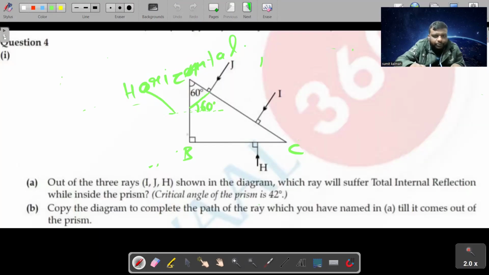If you see the base BC, this base BC is horizontal and the normal on this face BC is vertical.